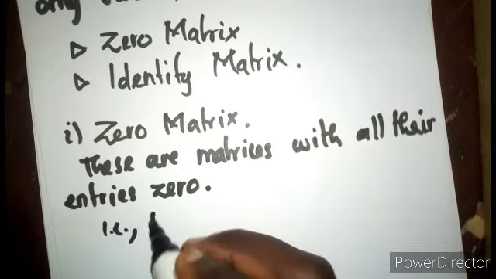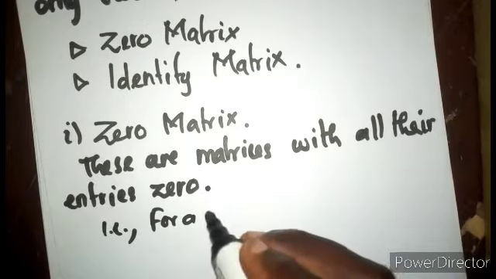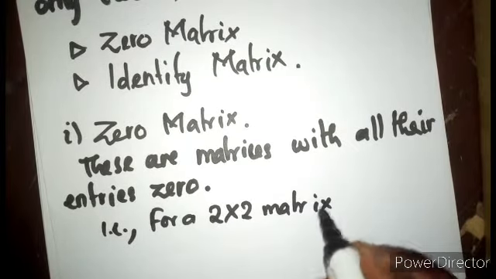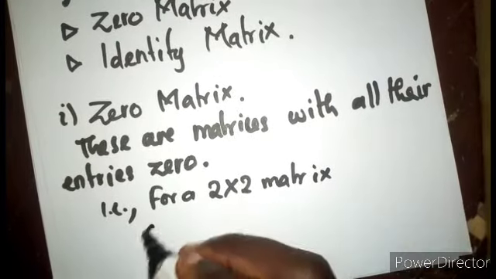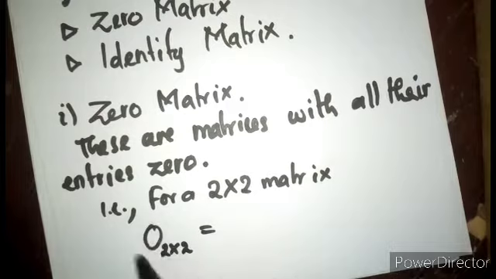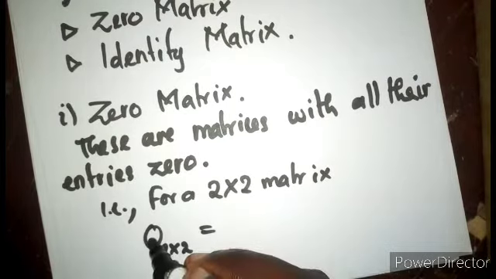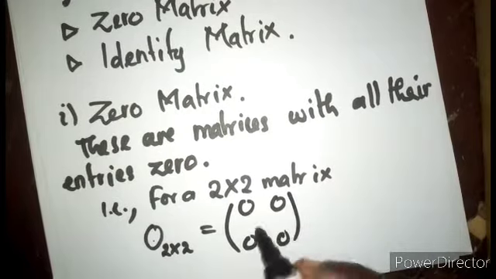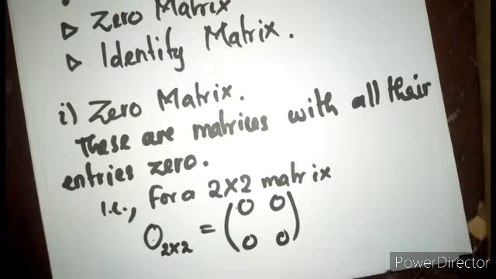That is, for a 2 by 2 matrix, the zero matrix is 0, 0, 0, 0. See, all the entries have the value naught.